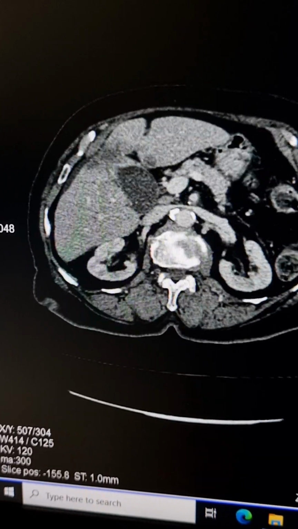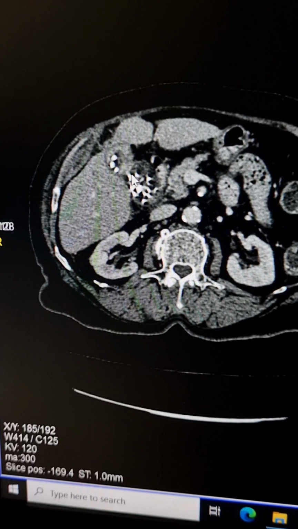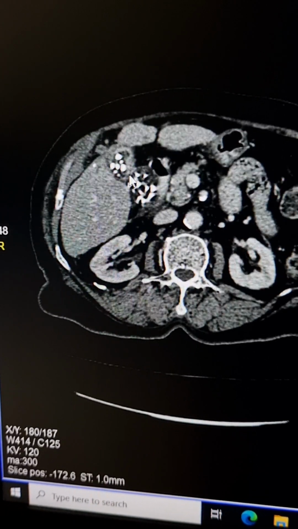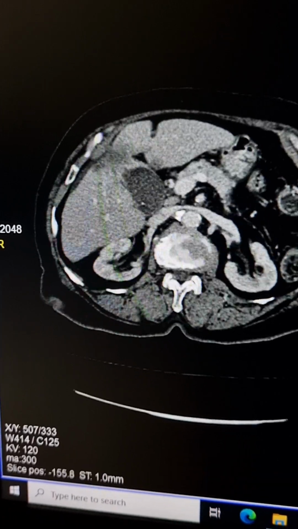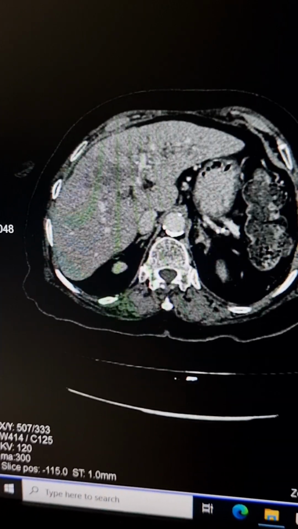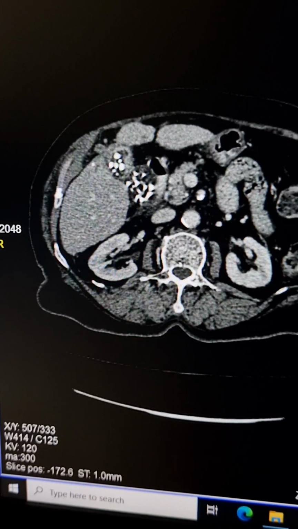Now, the most probable reason is that there was a carcinoma of the gallbladder associated with the calculi, which has invaded the adjacent liver. The other possibility could be that there was hepatocellular carcinoma, which has invaded the adjacent gallbladder.